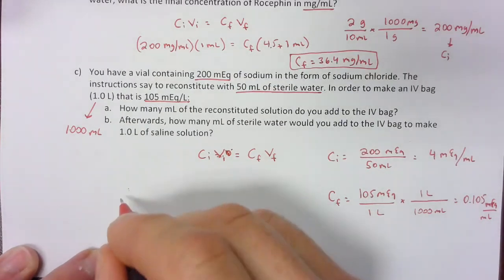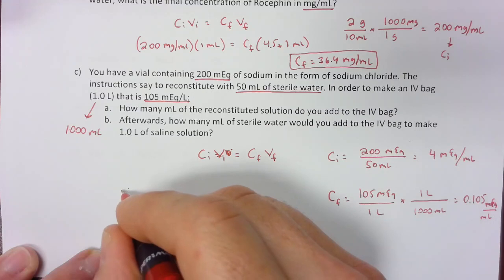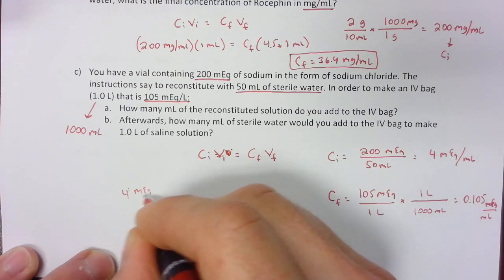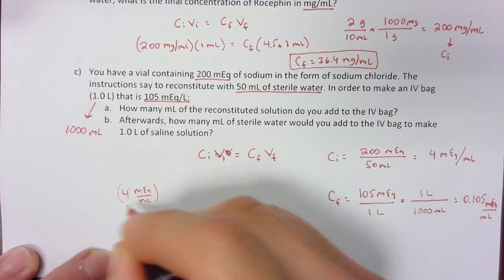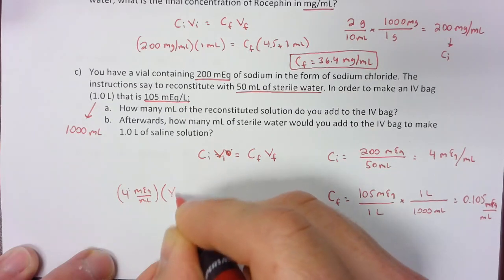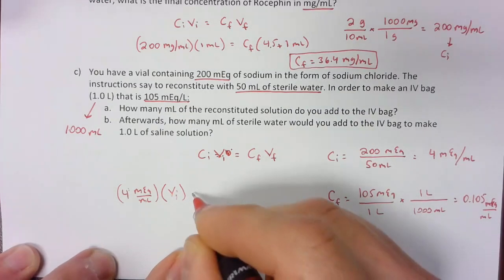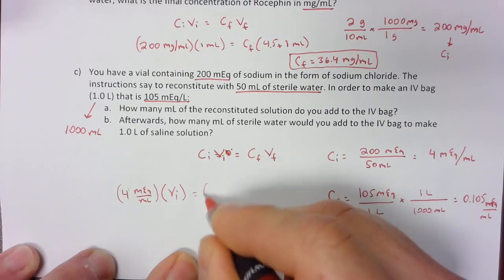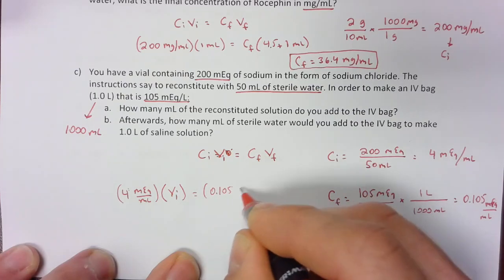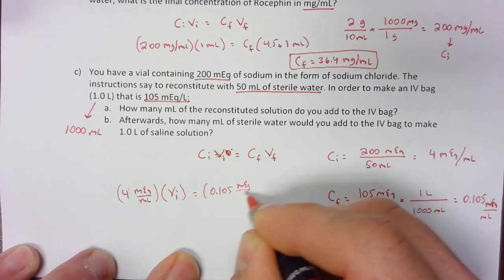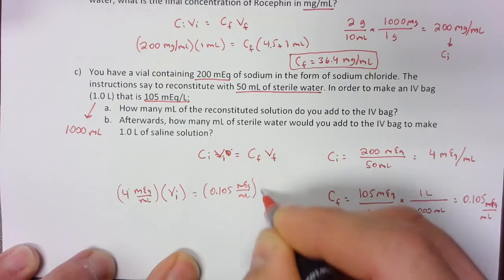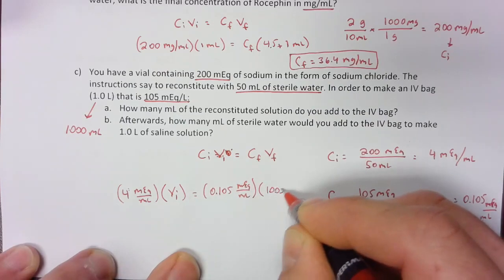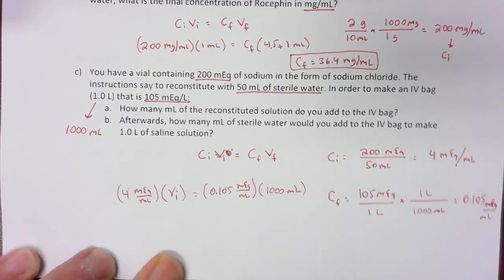So I'm going to put this in. C1 is 4 milliequivalents per milliliter. We don't know what our V1 is. We're solving for that. We know what our final concentration is, 0.105 milliequivalents per milliliter. And we know that our final volume is 1,000 milliliters.